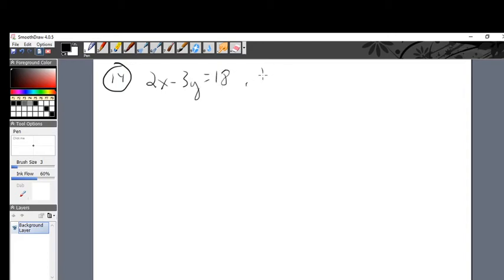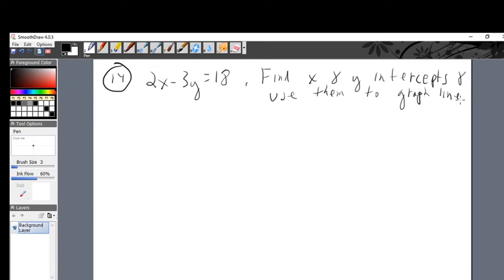The question is: find the x and y intercepts and use them to graph the line. There we go. Those are the instructions.